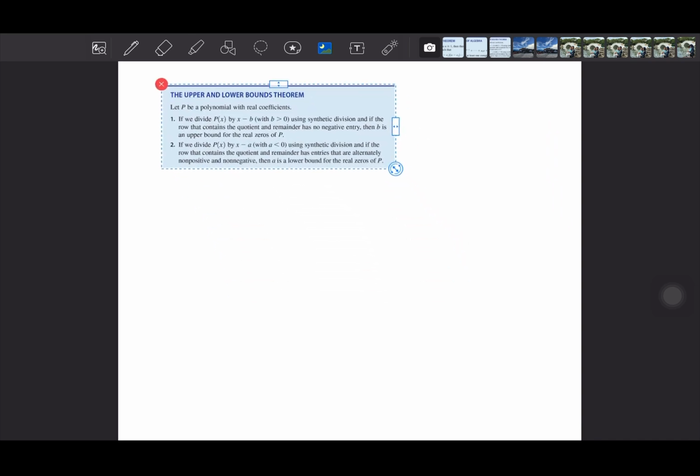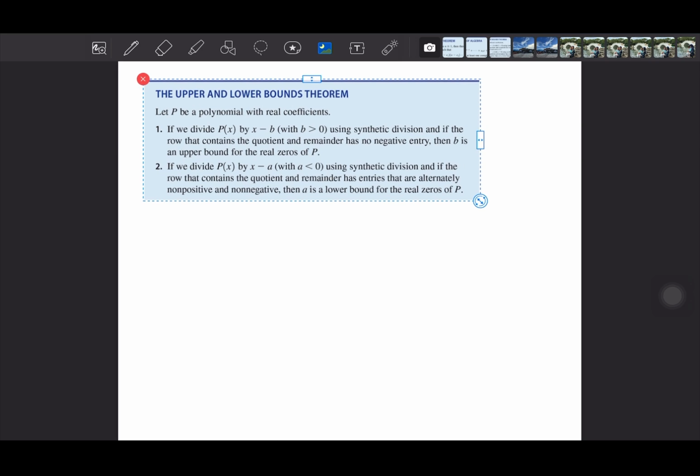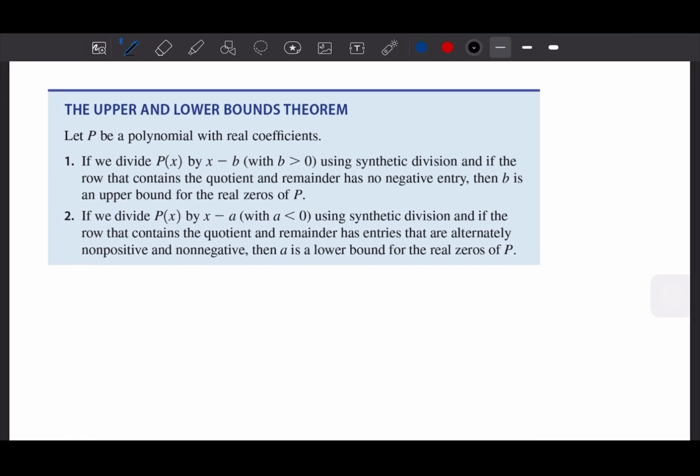We have this theorem that says we would have upper or lower bounds if we define the polynomial functions with some terms using the synthetic division.